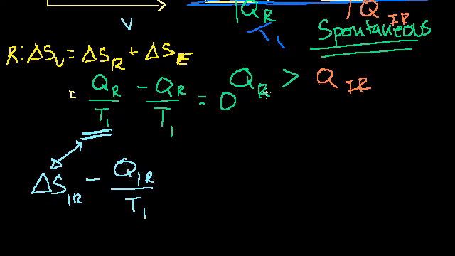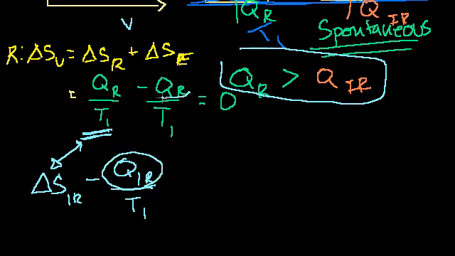Let me clean this up a little bit. I wrote it right here. Q sub IR, the heat that the irreversible process has to take from the reservoir because it's generating its own heat from friction, is less than the heat from the reversible process. So this number here is less than this number here. Or you could view it this way: this number here was equal to this, so this number here is going to be less than this.